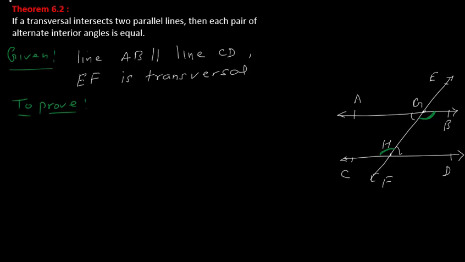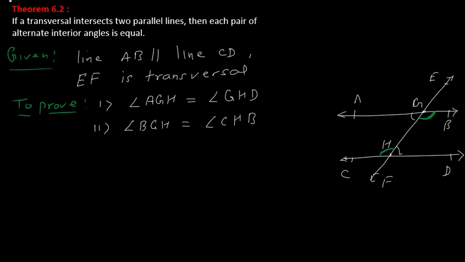that alternate angles are equal. First we have to prove that angle AGH is equal to angle GHD, and second I have to prove that angle BGH is equal to angle GHC, or CHB.